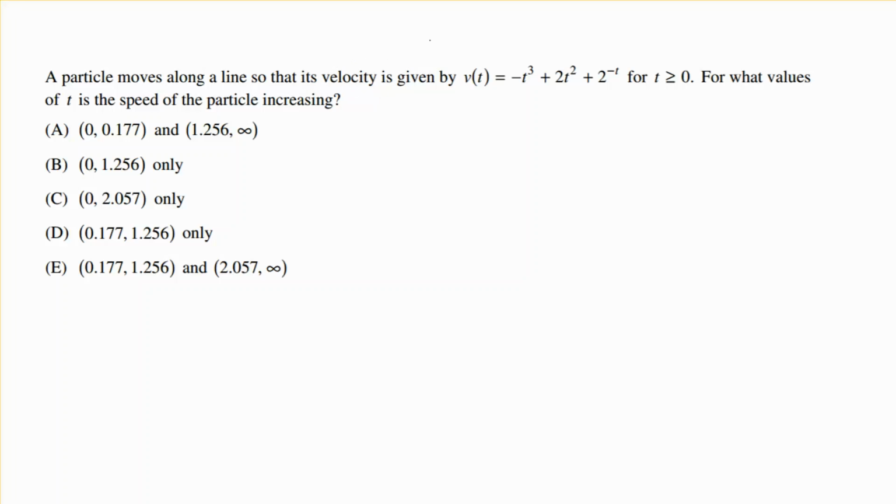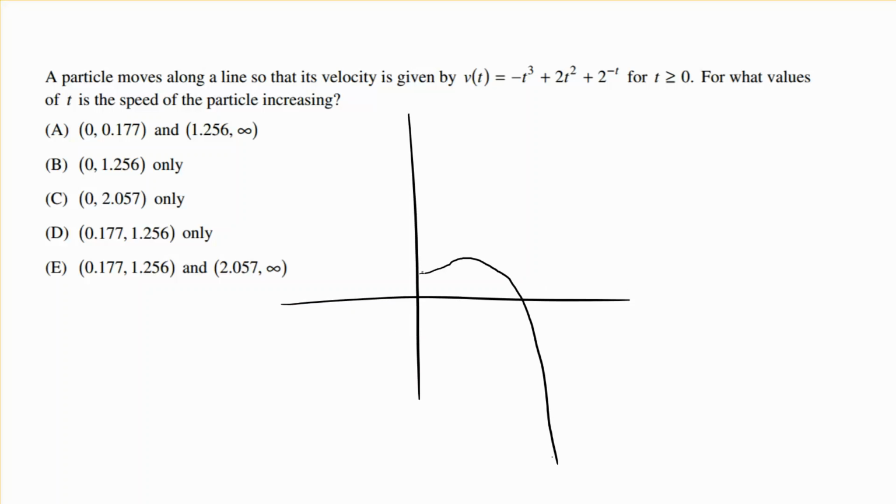Well, if we just go ahead and graph that, I think from 0 to infinity, it looks something like that. So my suggestion, if we're talking about a velocity graph and we're looking for speed, is to graph the absolute value of the velocity.